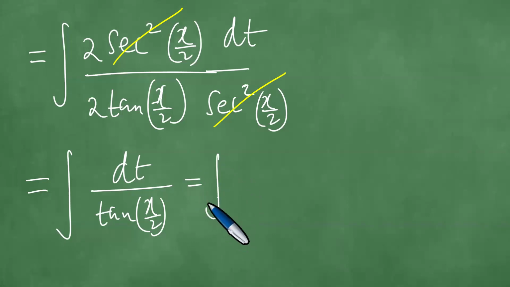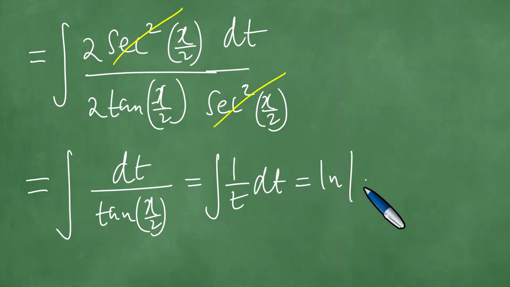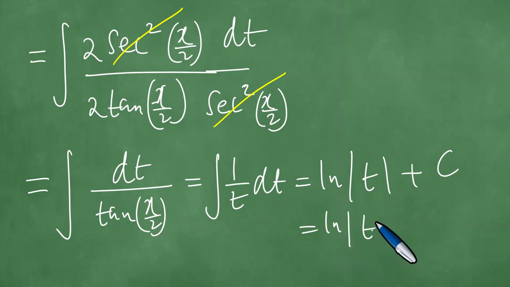We remember that the integral of 1 over t dt is the natural log of t plus c, and this is the natural log of the tangent of x over 2 plus c. That's what we have got.